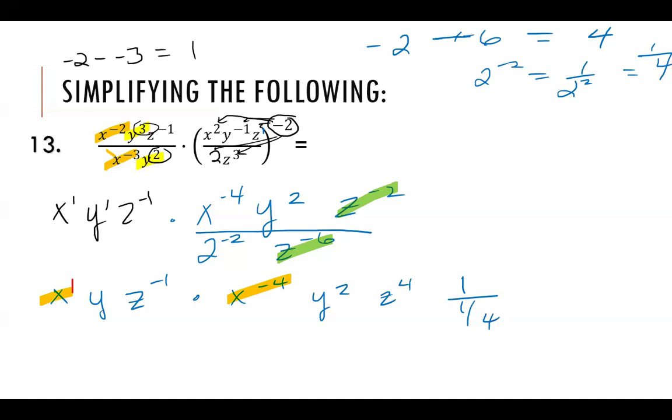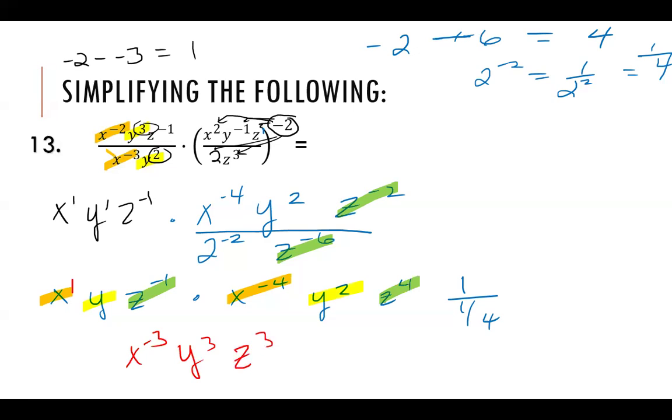So that's x to the -3. Now we're on our y's. So we have y1 and y2. What does y1 and y2 make? y3. Now we're on to our z's. We have z to the -1 and z to the 4. What does that make? z3.